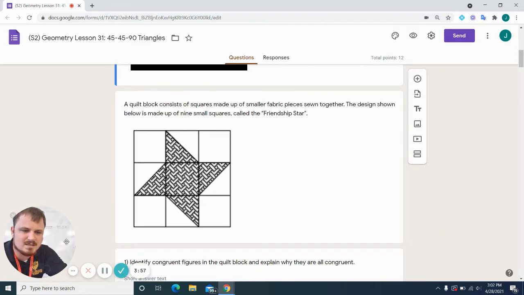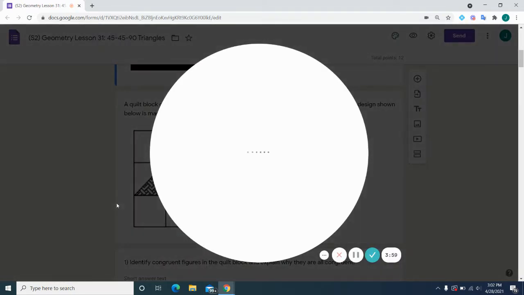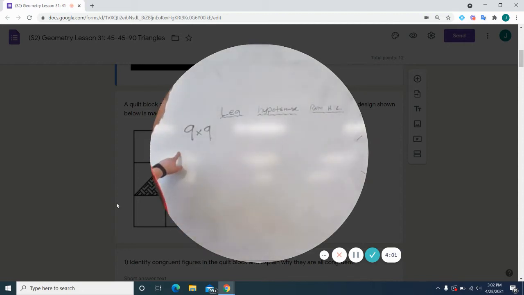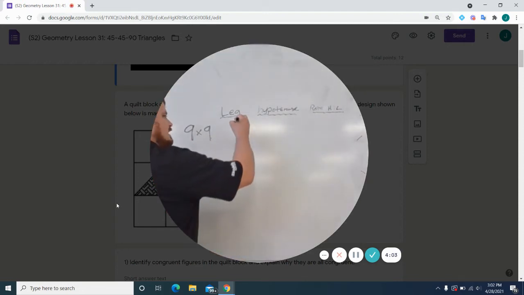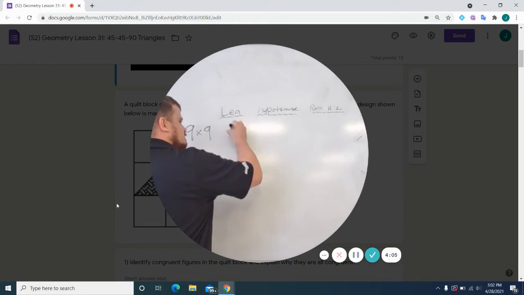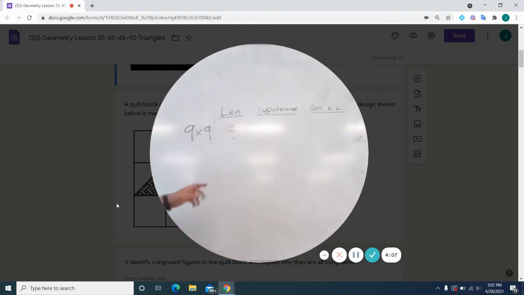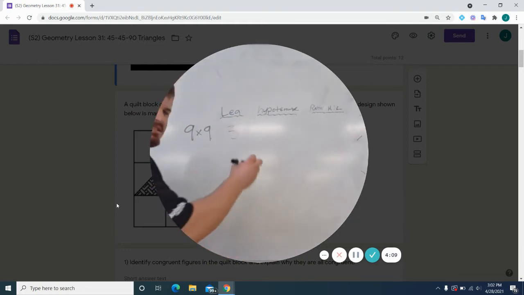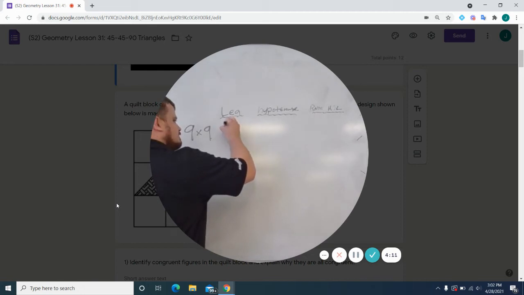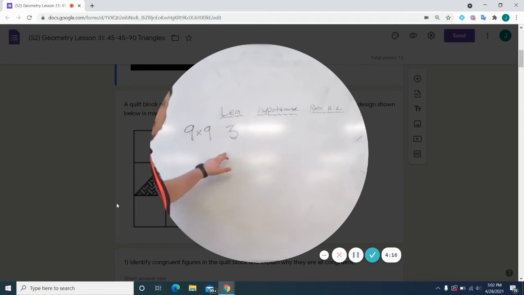So when we're going back to this table, if it's 9 by 9, then the leg would be 3 inches. Okay? I wrote a 3 right here. So it's 3 inches. And then what would the hypotenuse be?